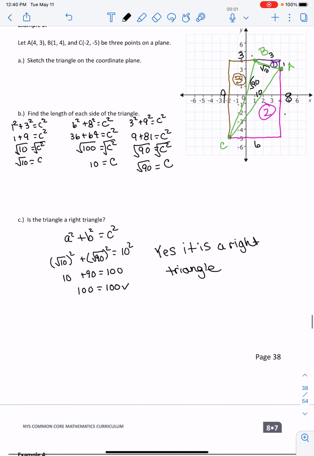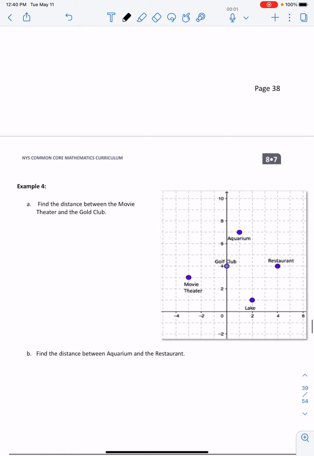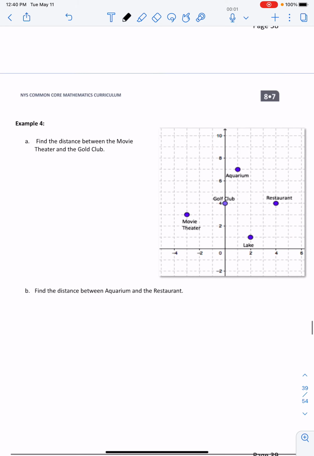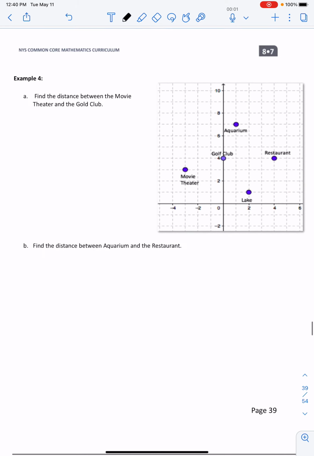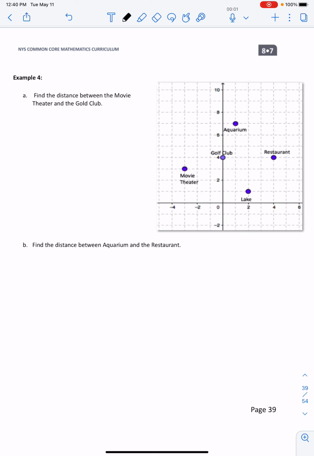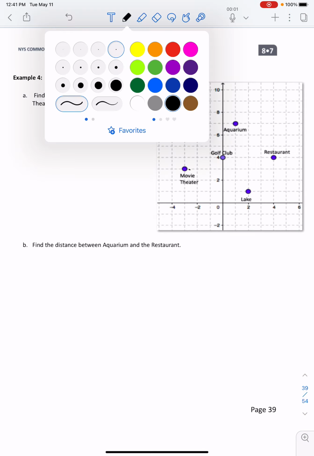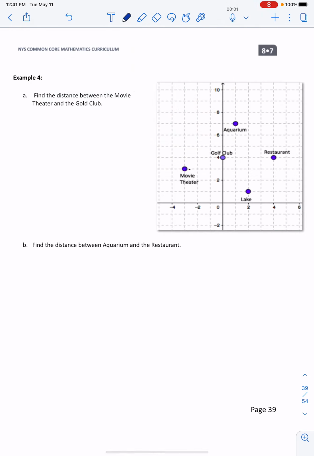So our next problem, it says example 4. It says find the distance between the movie theater and the golf club. So here's the movie theater, here's the golf club.